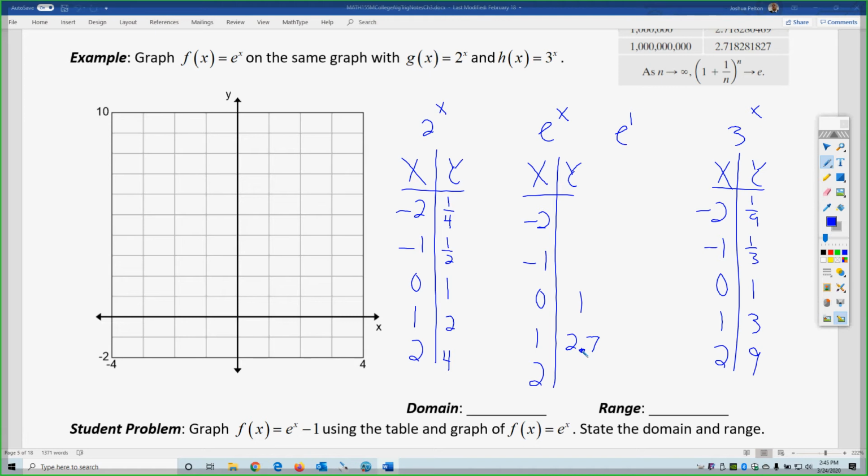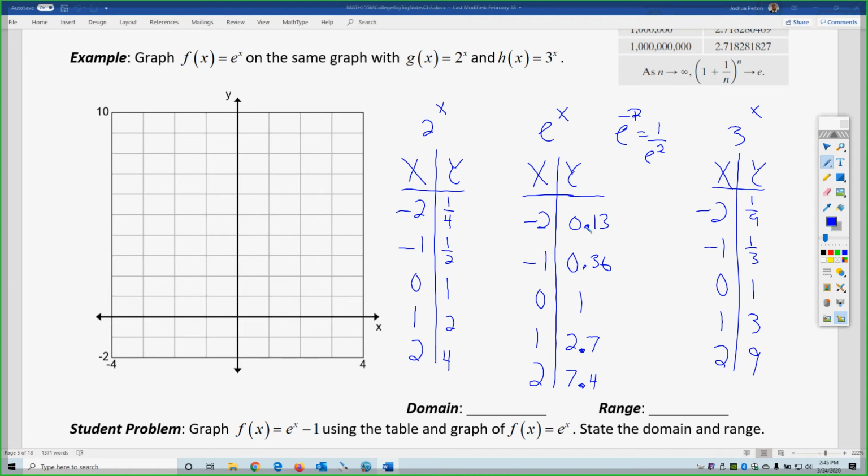So if you do e to the 2, you'll get about 7.4 in the calculator. If you do e to the -1, you'll get 1 over e, which is about 0.36. And if you do -2, you get 1 over e squared, which is approximately 0.13. You cannot do the e values other than 0 by hand. They're going to be by calculator because they are all irrational numbers.